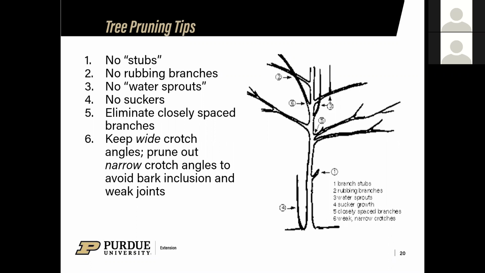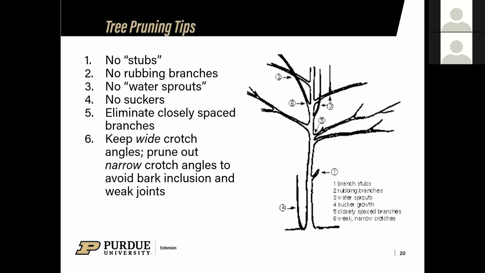Look for suckers, anything coming up from the base. A lot of times if that's a grafted tree, those suckers are coming up from the root stock and will not be true to the type of plant that you're looking for. Anything that's closely together, get rid of, things of that nature. And again, look at the crotch angle, how that branch is attached to the trunk.